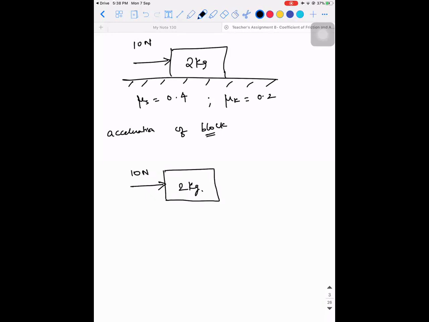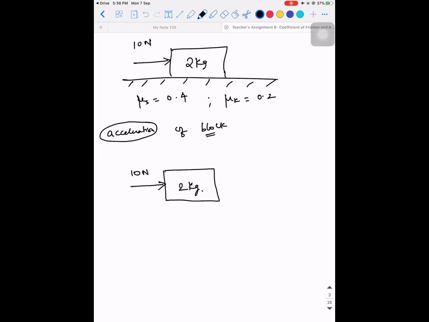So when will the block have acceleration? Only when it is moving. But whenever the floor is offering friction, what is the first challenge the block is supposed to overcome? It must overcome limiting friction. Don't use the word static. So it should overcome limiting friction, which means how much is the limiting friction in this case?